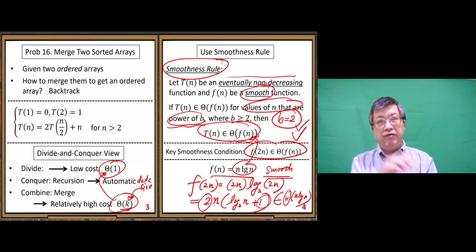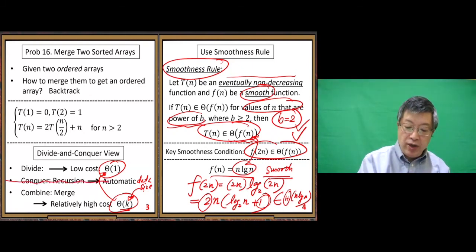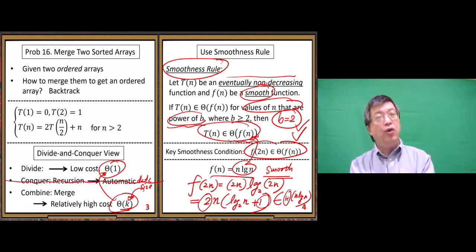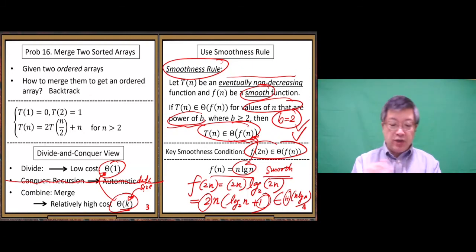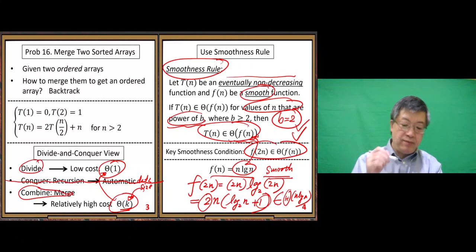Since the conquer step is a recursion, we can ignore it and only look at the divide step and the combine step.